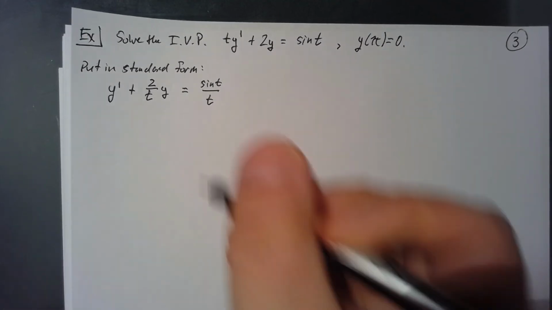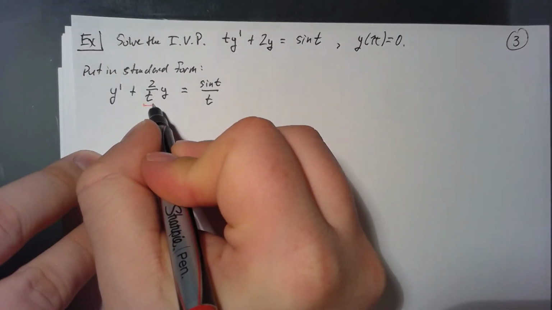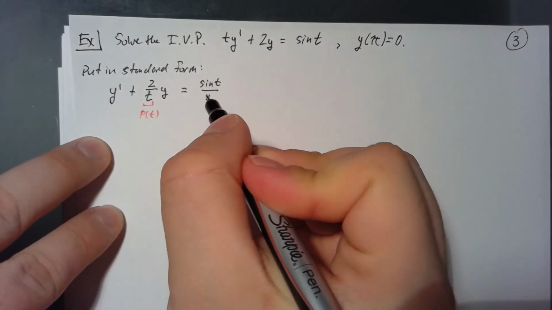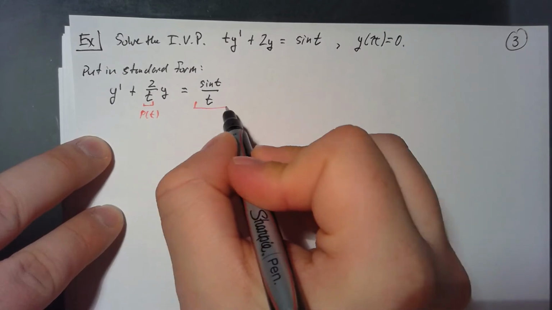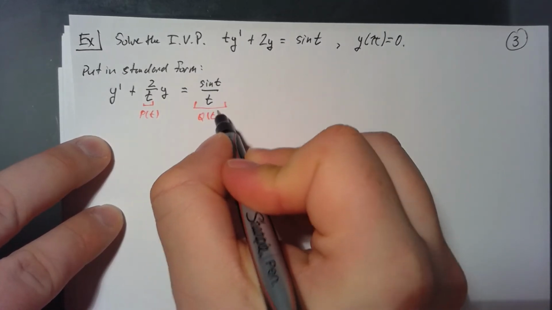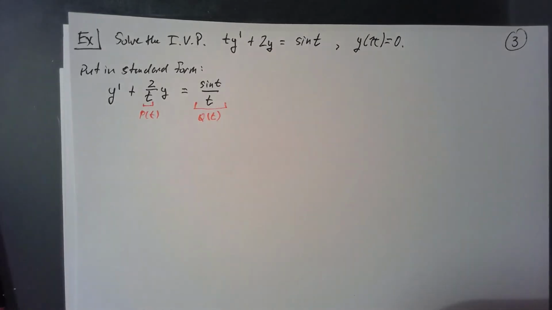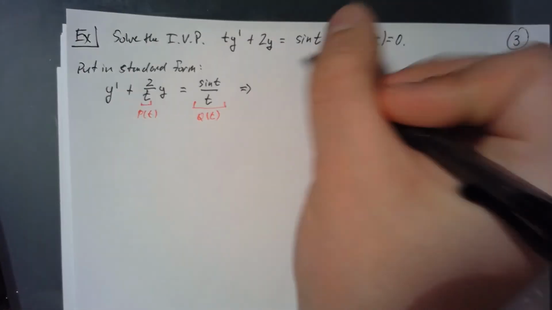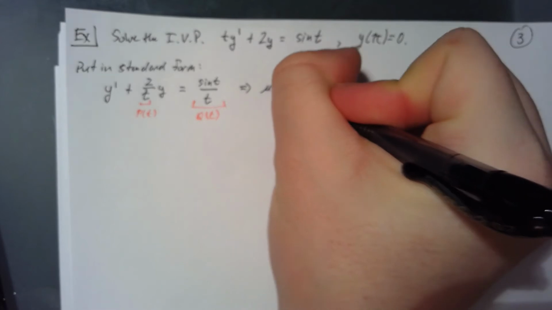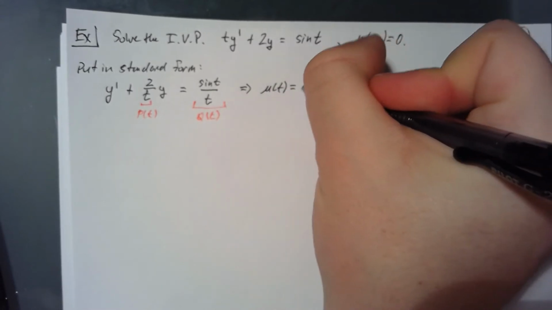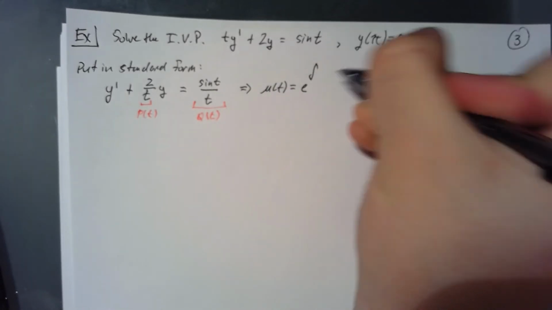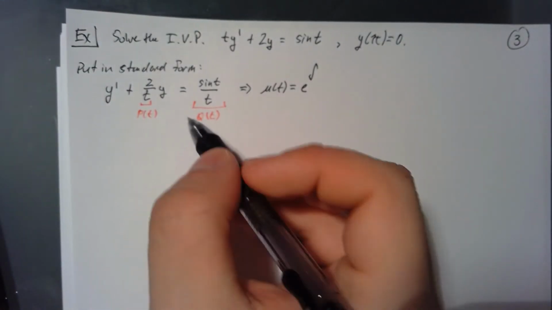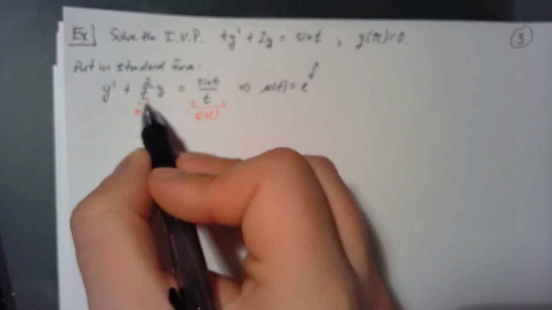Just like I did earlier, this right here is my P of t, and this whole thing is my Q of t. So now I have to find my integrating factor. What is it? It's going to be e to the integral of P of t dt. What is P of t here? It's 2 over t.